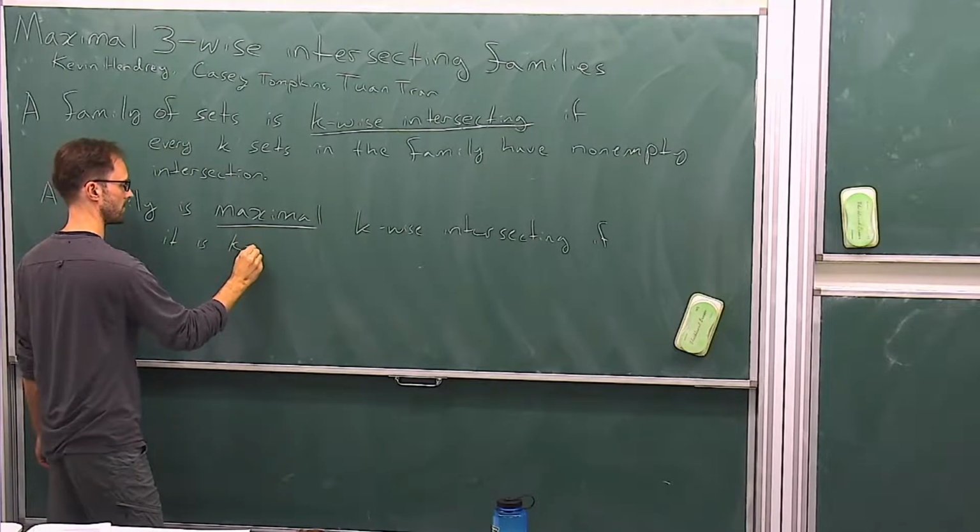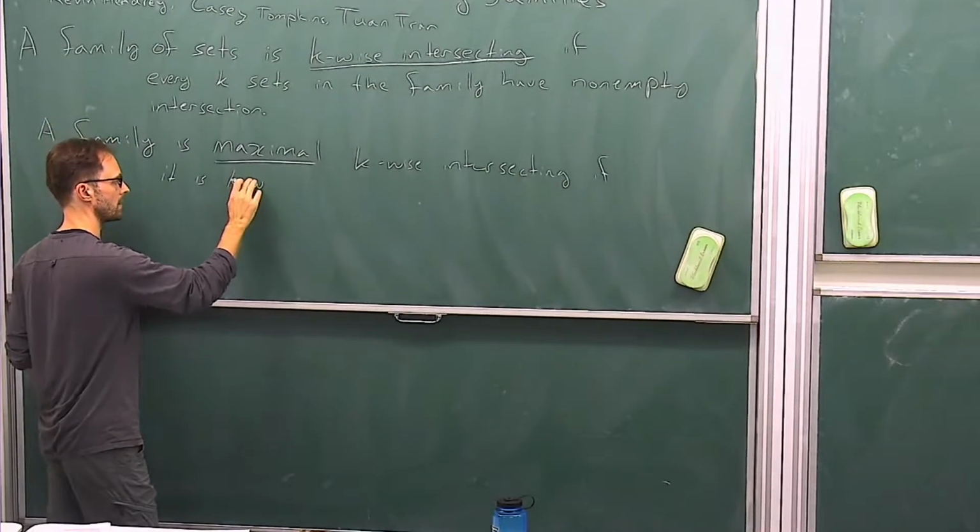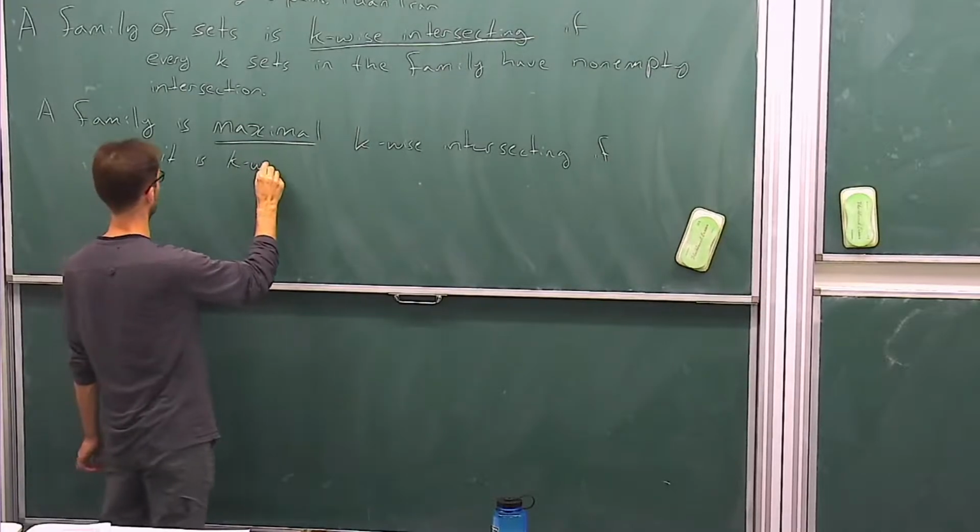It's k-wise intersecting, but no larger family, no family that contains our family, is k-wise intersecting.